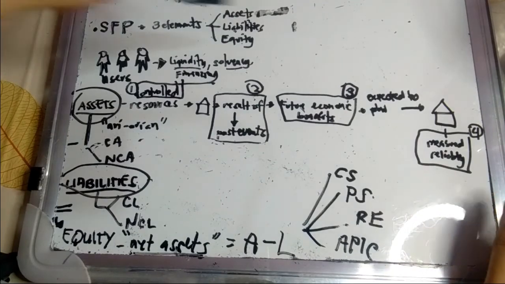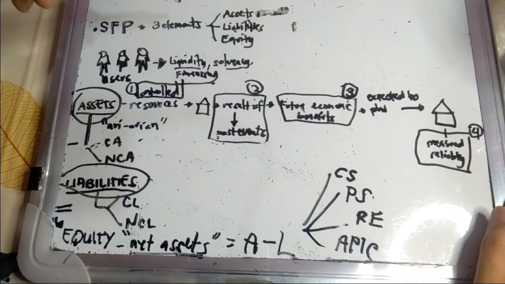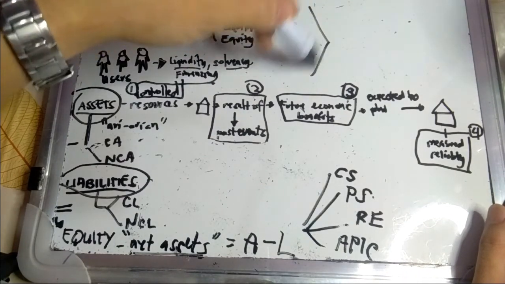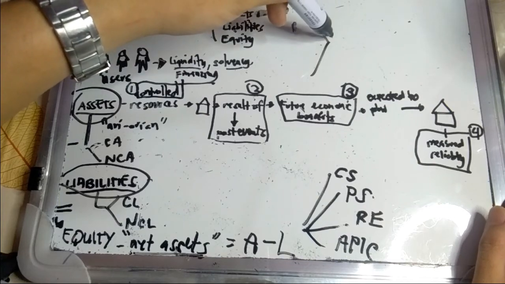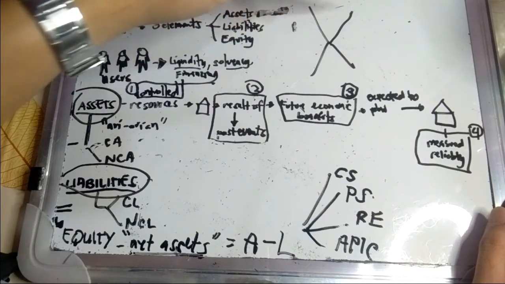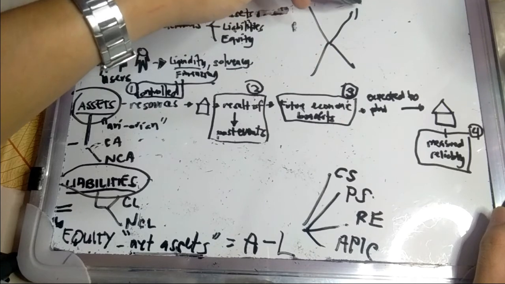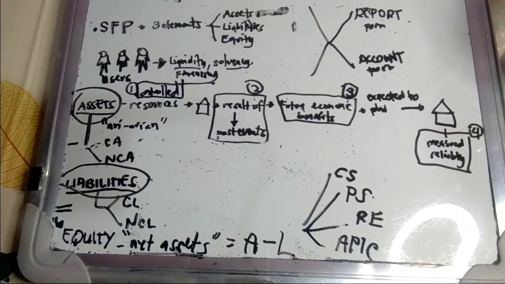Last discussion natin is ano-ano yung forms of statement of SFP. So, paano pre-present yung SFP? May dalawang presentation. Merong report form. So, yung report form, pre-present niya yung 3 major sections in a downward sequence of assets, liabilities, and equity. So, nakaganito siya.